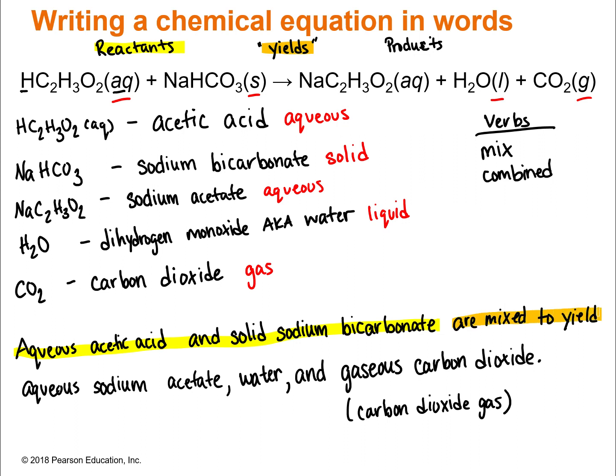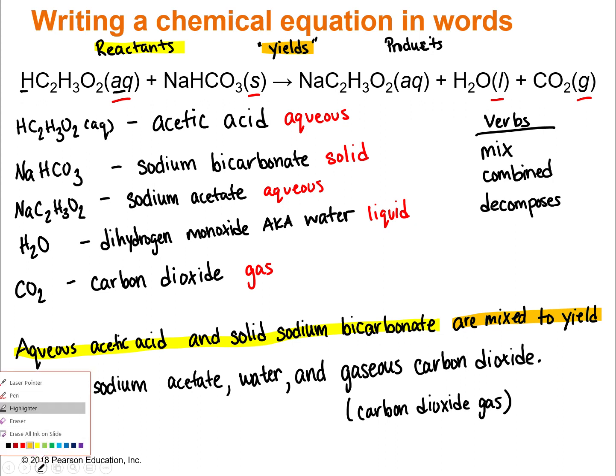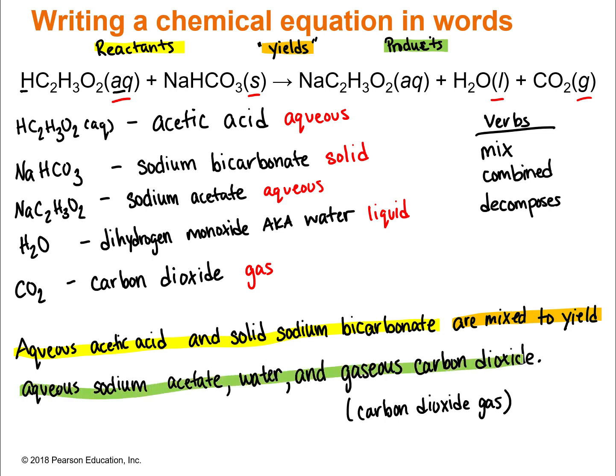Our mixed to yield, our combined to yield, you could say, depending on what the reaction is, decomposes to yield, anything that describes what you do to get to the products. Then we have the products. And that's how you write a chemical equation in words.